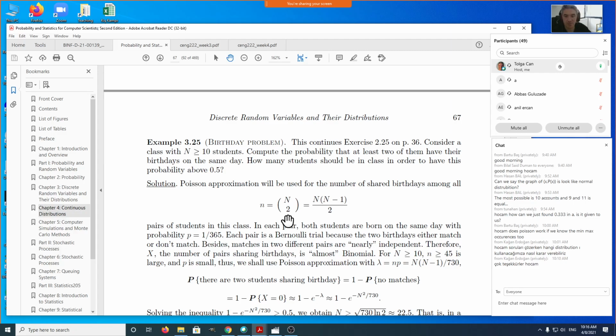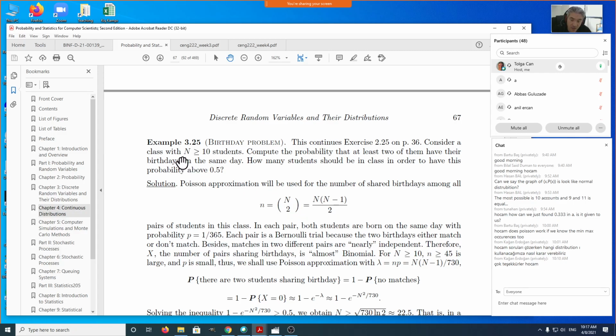The probability that a pair of students have their birthdays on the same day is actually 1 over 365. If you just select 2 random students, whatever the birthday of the first student is, the probability that the second student is going to have that same birthday is 1 over 365. So this is our success probability, which is really small, less than 0.05.